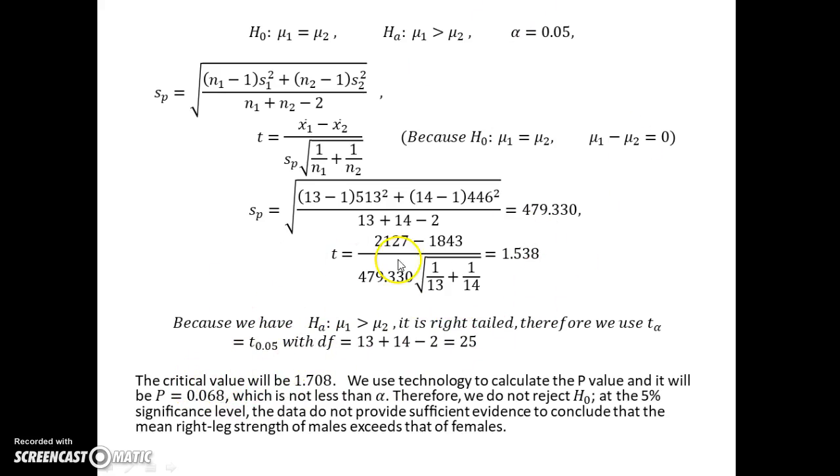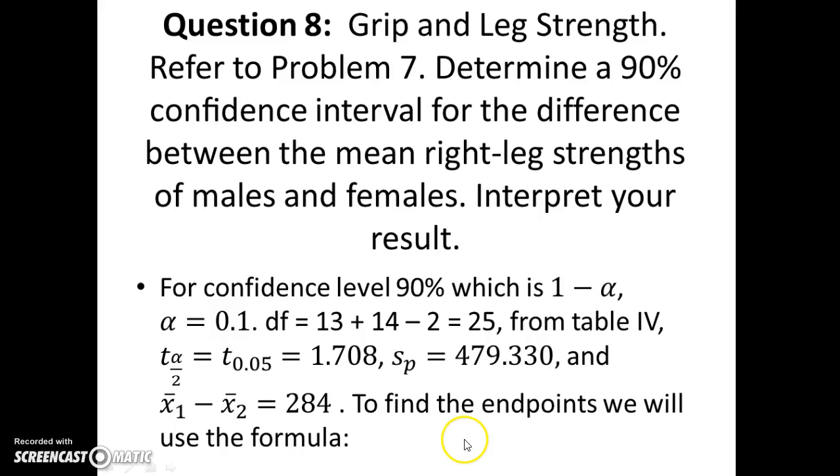Using the table, we calculate the p-value. The p-value is not less than alpha, not less than 0.05, so we do not reject the null, which means that the data do not provide sufficient evidence to conclude that the mean right leg strength of males exceeds that of females.